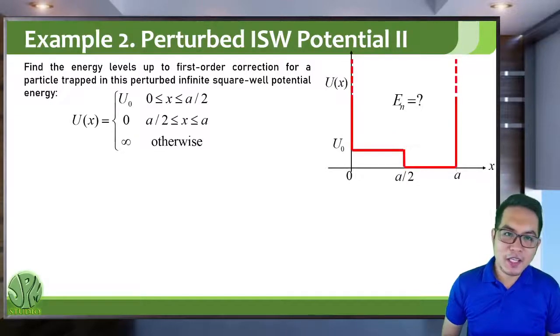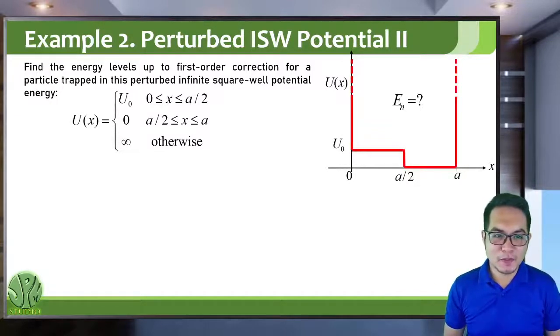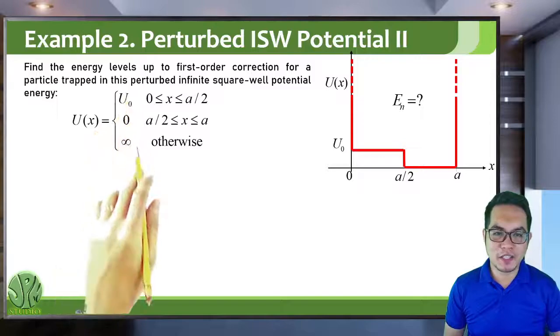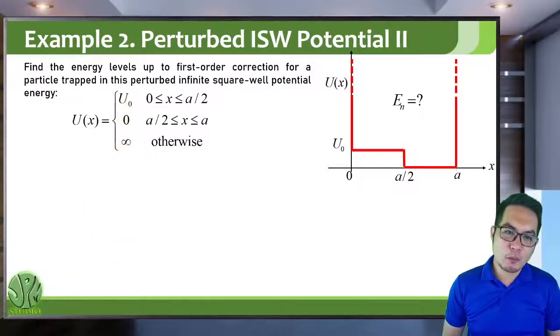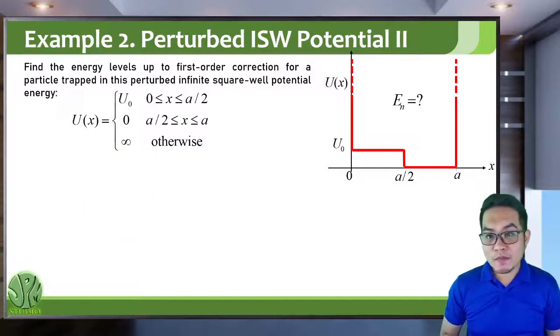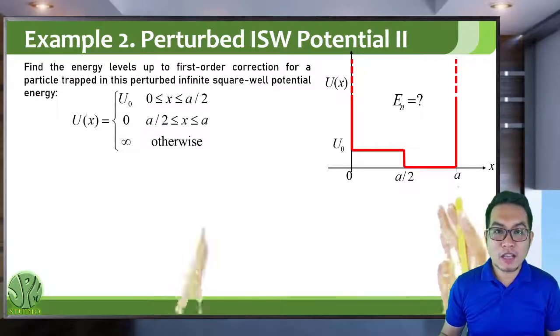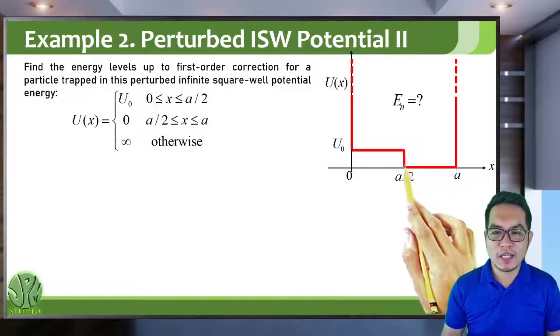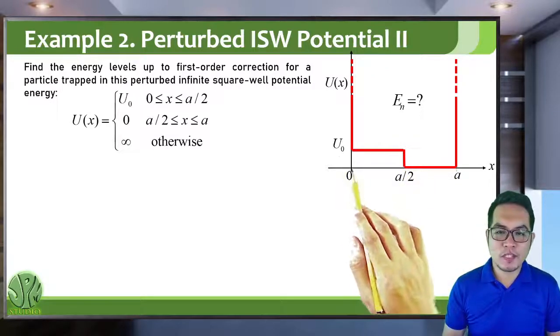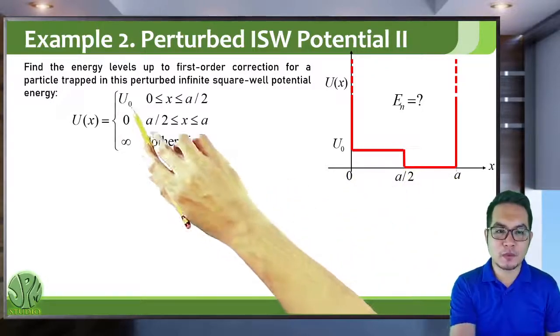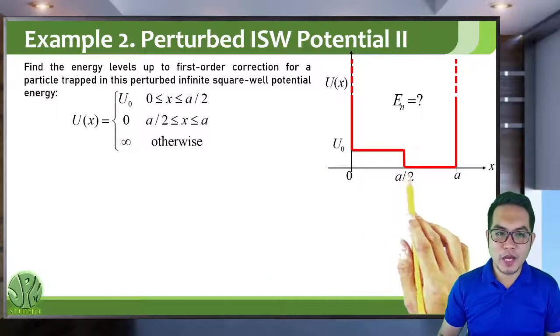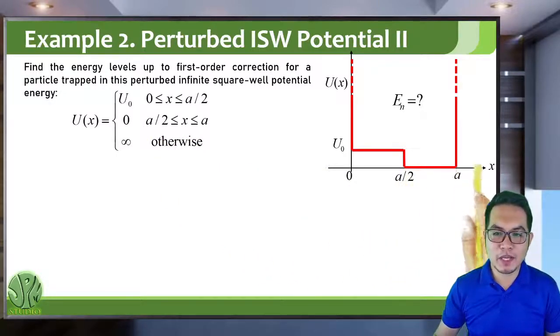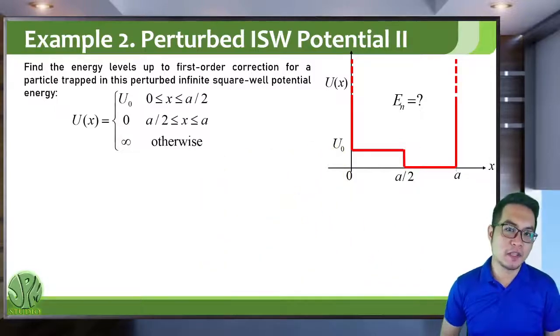Okay, this is still an infinite square well potential, but these are now the new potential energies. The system is now perturbed, but not the whole well is perturbed. Only half of the well is perturbed. From 0 to a/2, the potential is U_0, but from a/2 to a, the potential is 0. And beyond a and beyond 0, it's infinite.